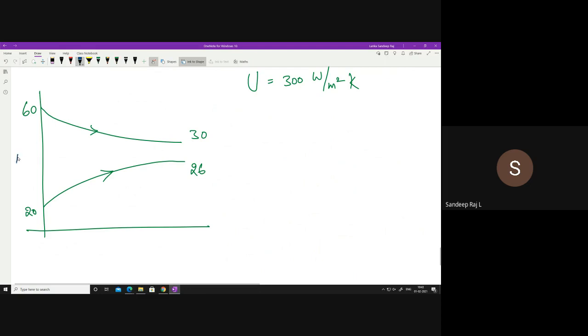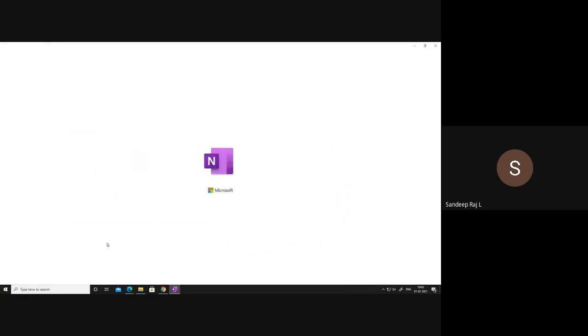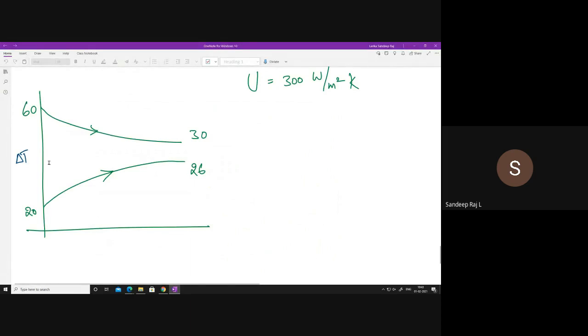If I have to measure delta T1 here, what will be the value? What will be the delta T1 here? It is 60 minus 20 on the left hand side.